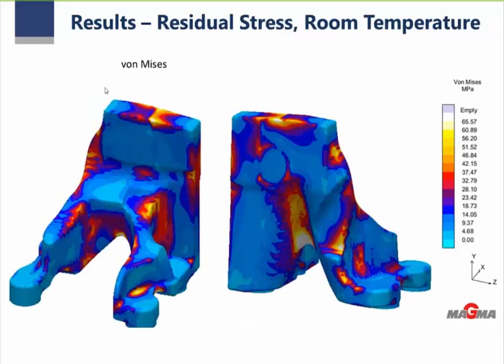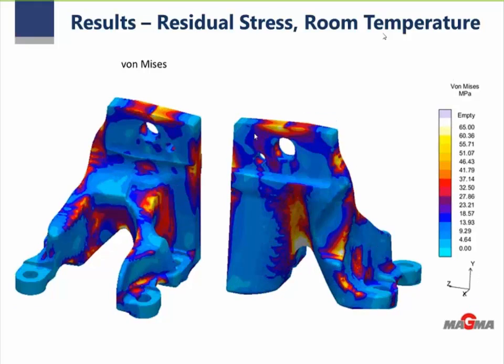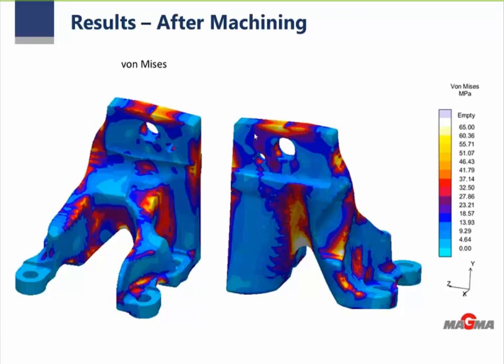But also before going back to the PenFat results, you also see here, for example, the von Mises stress of the components. For example, some regions have higher von Mises stress, and this is at room temperature, but also here considered after machining.